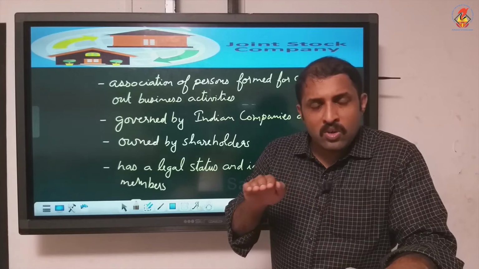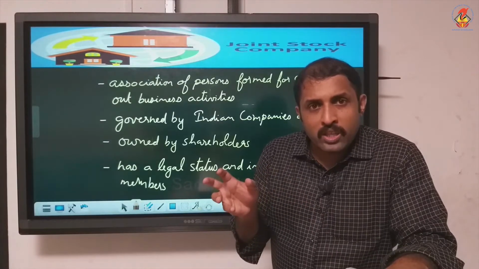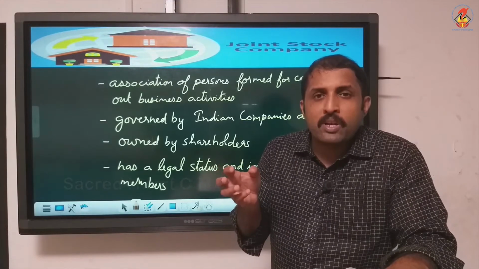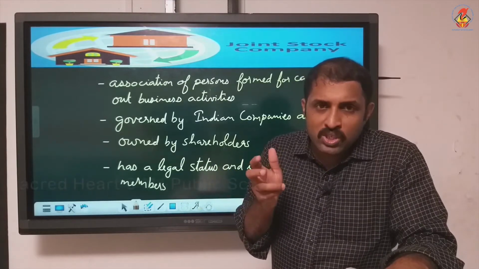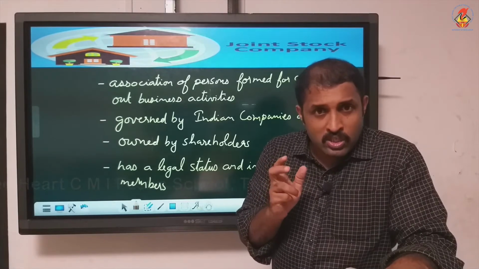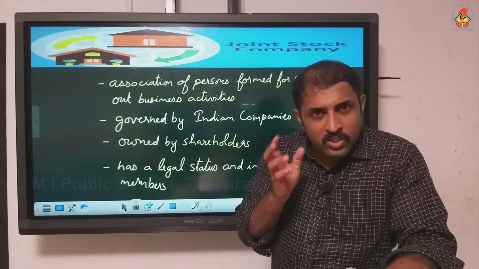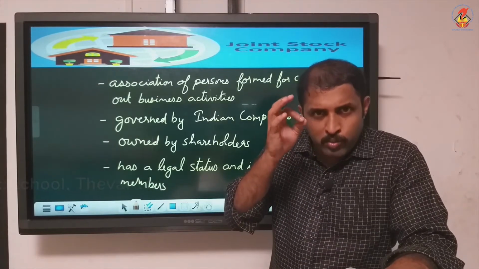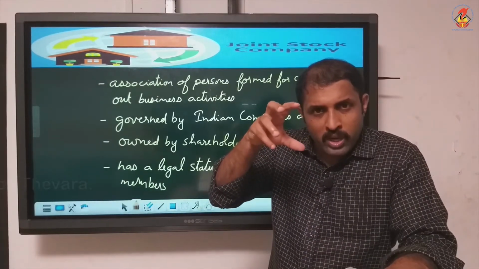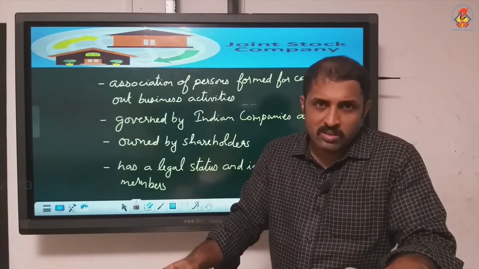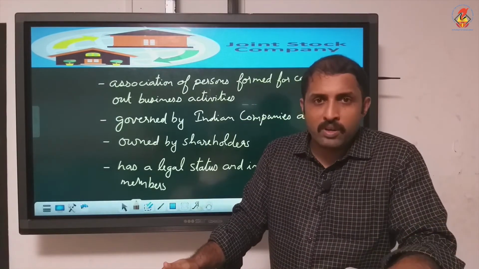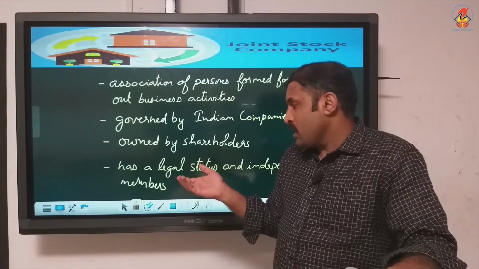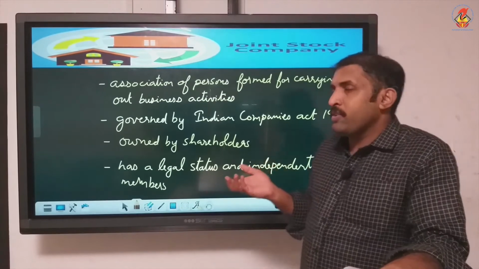So that form of business organization where people come together and do a business, where they contribute to the capital of a company by purchasing shares. Share is the value, share is a unit of capital. They are purchasing shares and becoming the owners of the company, and those persons who have contributed together are carrying out a business for earning profit. We call it by the name joint stock company. Again, it has a legal status independent of its members.